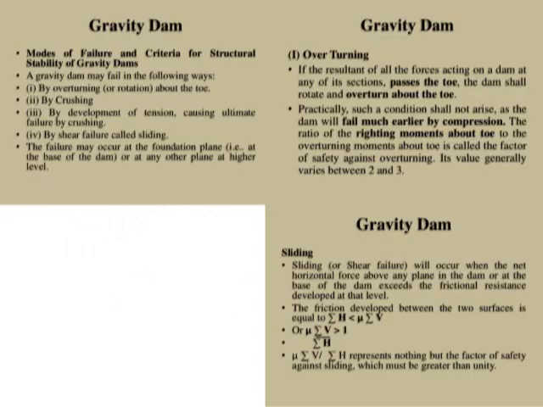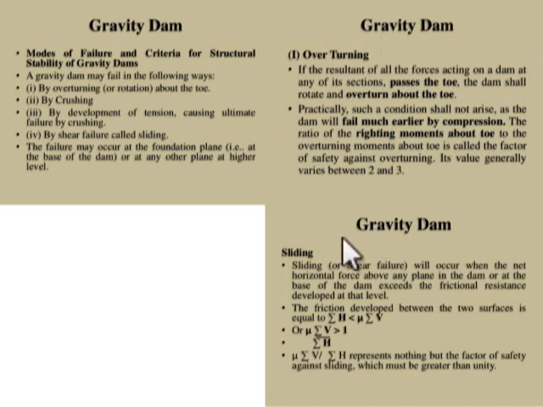Practically such a condition shall not arise, as the dam will fail much earlier by compression. So this is not very necessary, but still we learn how to design a gravity dam against overturning failure.